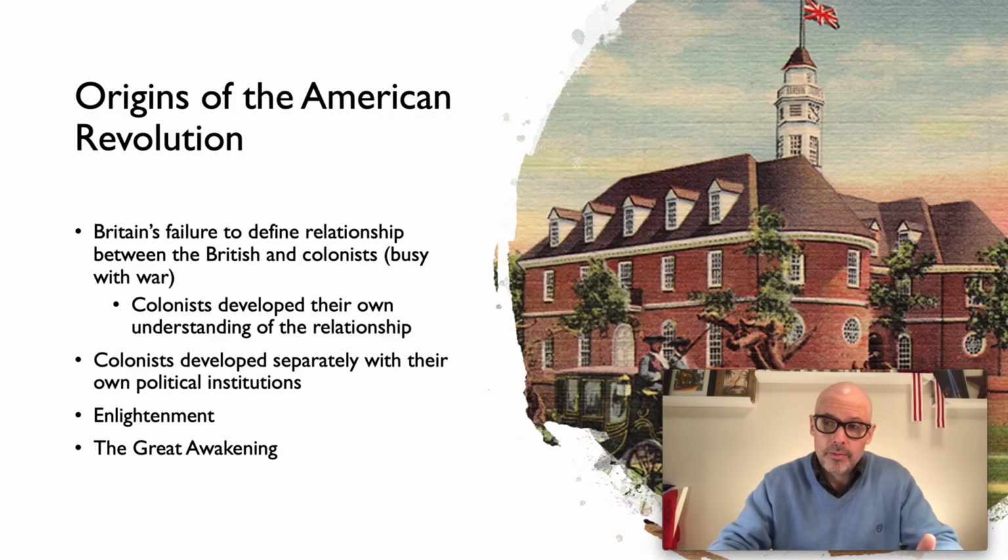They had a local assembly, which is like a congress or a parliament, which would tax the local citizens, but they were represented, so they accepted those taxes. But the understanding the colonists had of their place in the British Empire, though it wasn't stated, was different than what the British thought, especially King George III, who was going to be a very authoritarian king.